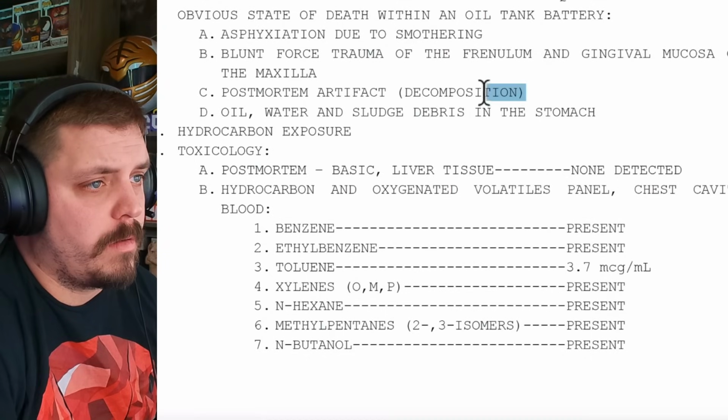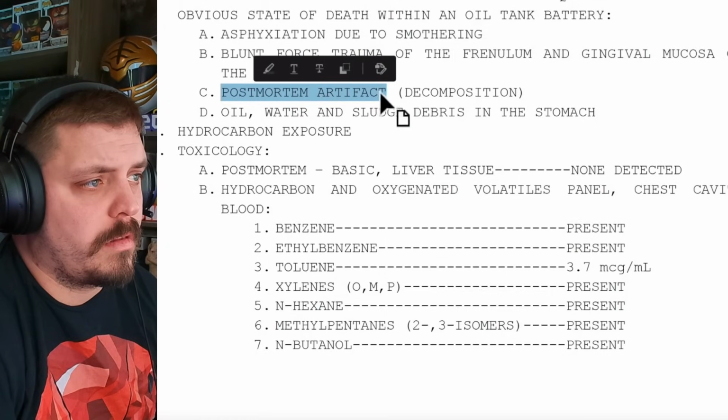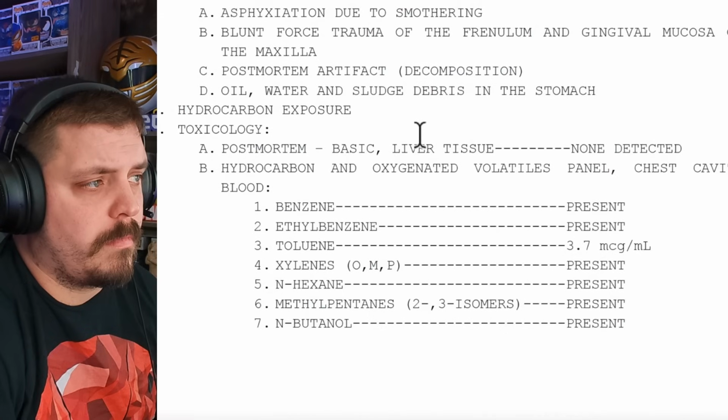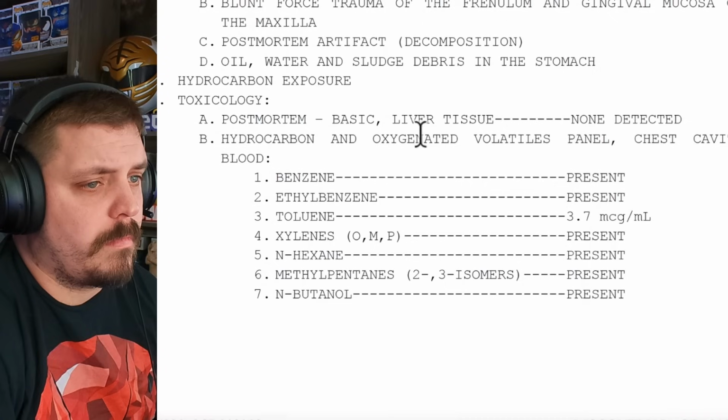There's also a considerable state of post-mortem artifact, as I explained in my video on Shanann's autopsy. That means findings that could confuse a situation, and that is due to decomposition. The highly unusual conditions in which she was found obviously creates post-mortem artifact.